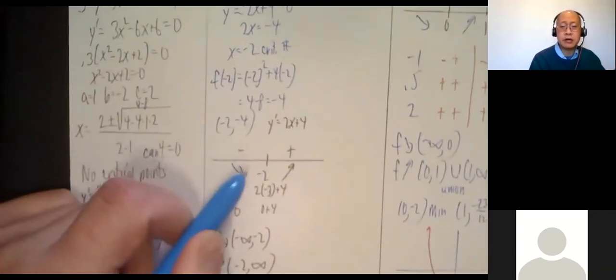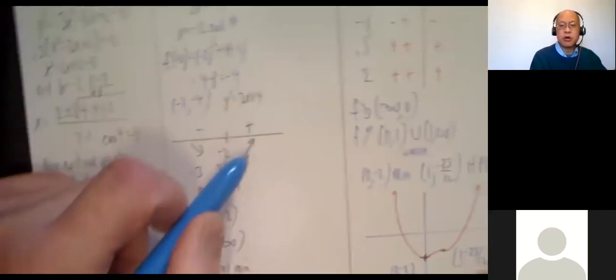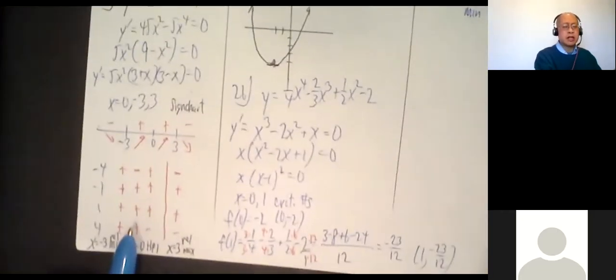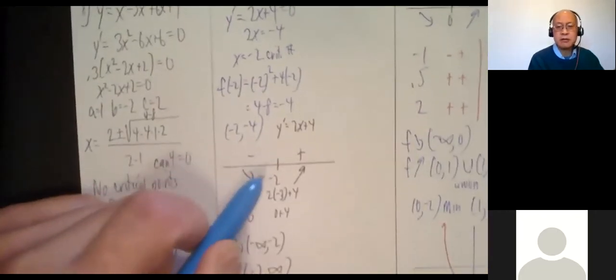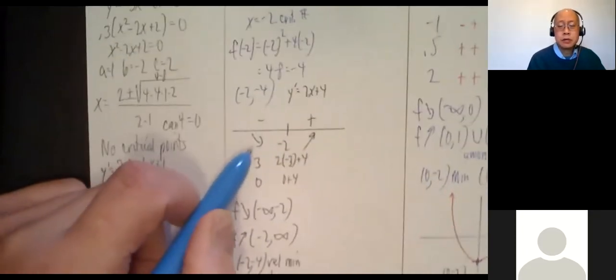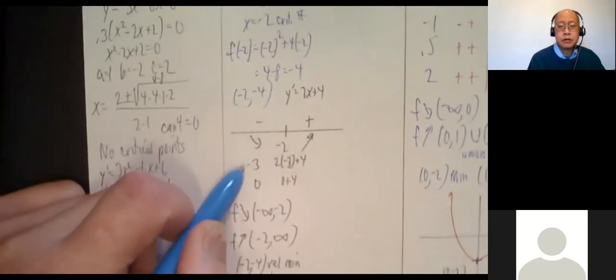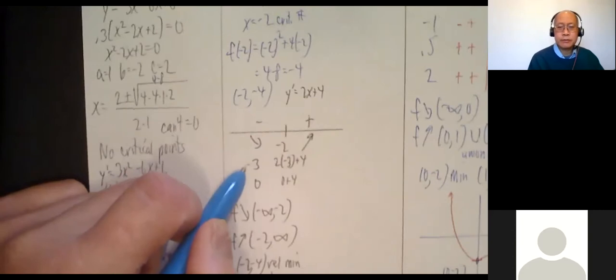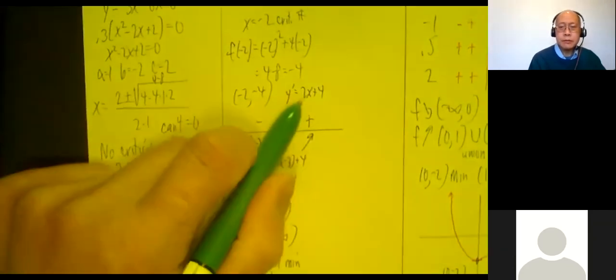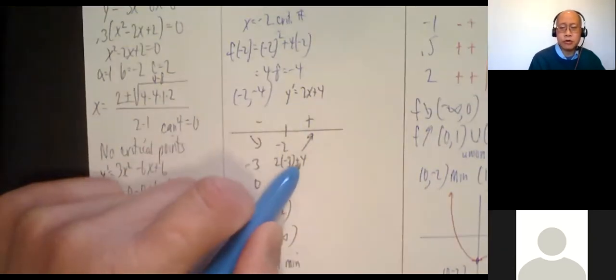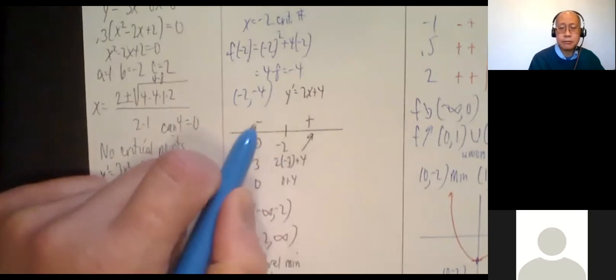Now I do my sine chart. Y prime was 2x plus 4. I don't make a sine chart for this one because it's pretty easy to just plug in. What happens when I plug in -3? 2 times -3 plus 4, that's negative.